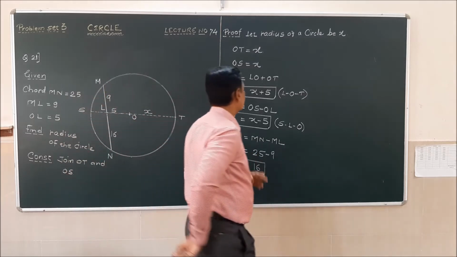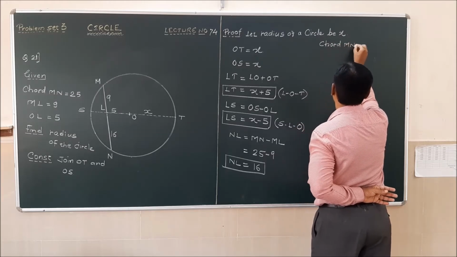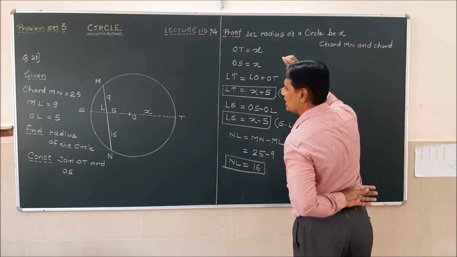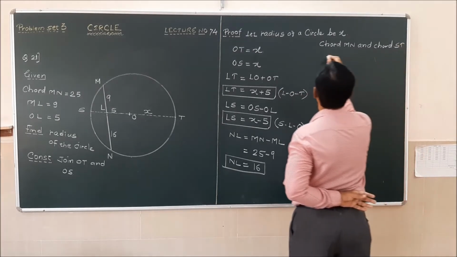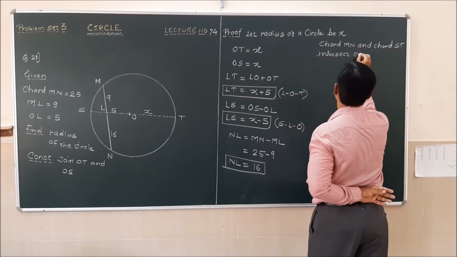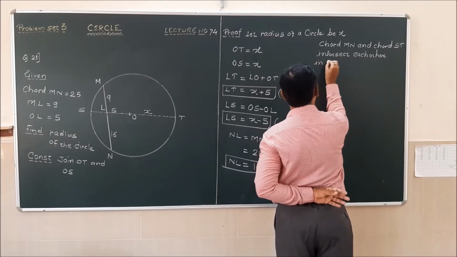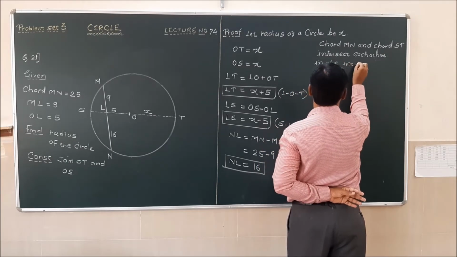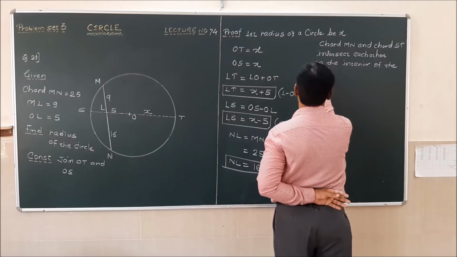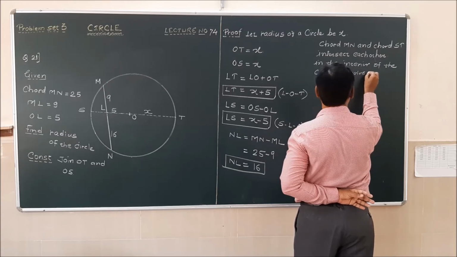So chord MN, here I write, chord MN and chord ST intersect each other in the interior of the circle at point L. That is very important.